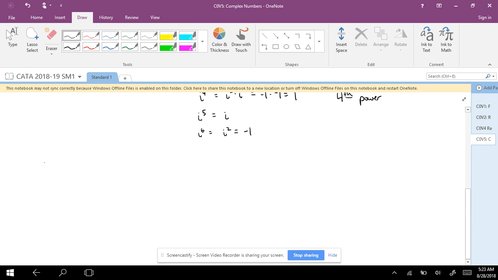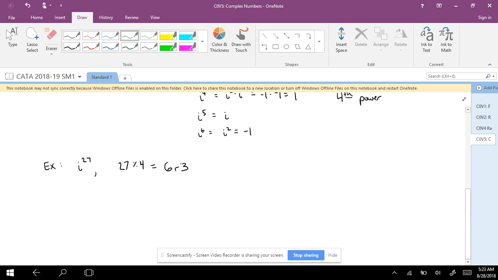So here's how we do an example that addresses that. Let's say we want to find the value of i to the 27th. What we would do is we would do 27 divided by 4. Well, that would be 6 with a remainder of 3.